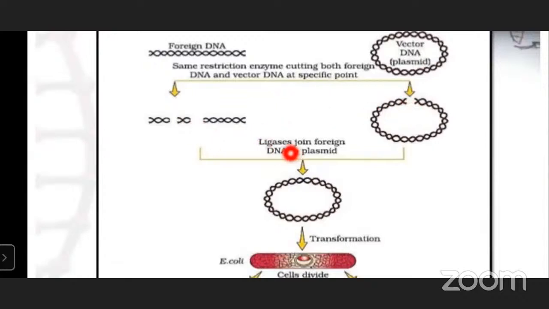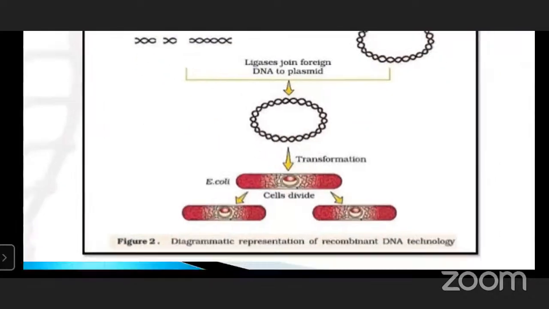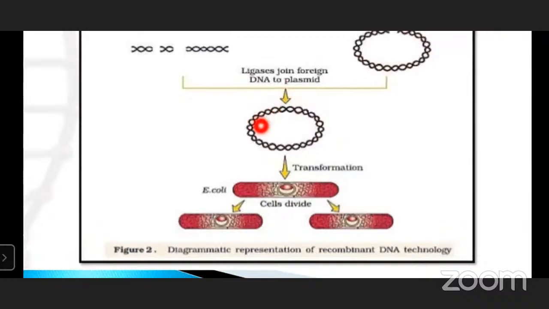These two are joined with each other with the help of ligase enzyme, and it is called rDNA or recombinant DNA, which is inserted into a suitable host. This host undergoes replication, and it can multiply the copies of desirable DNA molecules.